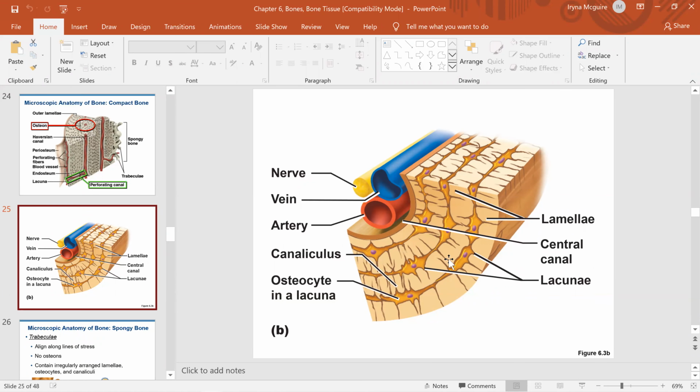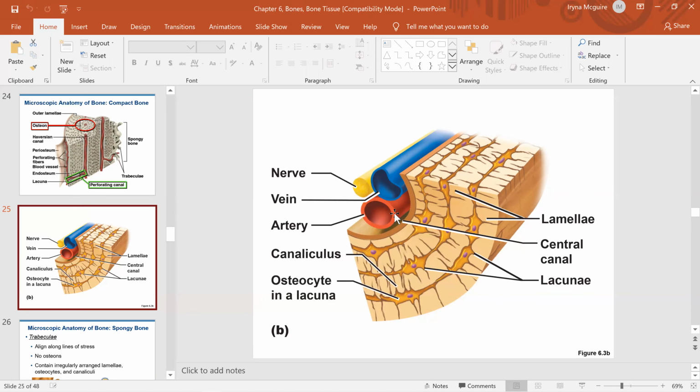And then these lines over here look like little hairs. Those are canaliculi. And what canaliculi do, they connect all these osteocytes, right? So imagine we get this oxygen here, and nutrients through the artery, but how to deliver this nutrient from the artery to this cell? Again, matrix is very hard.